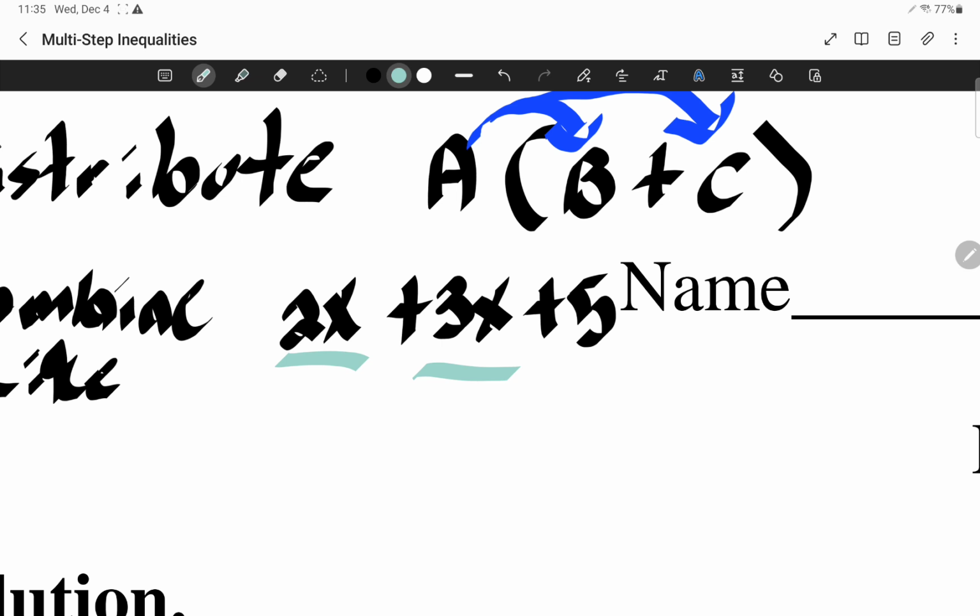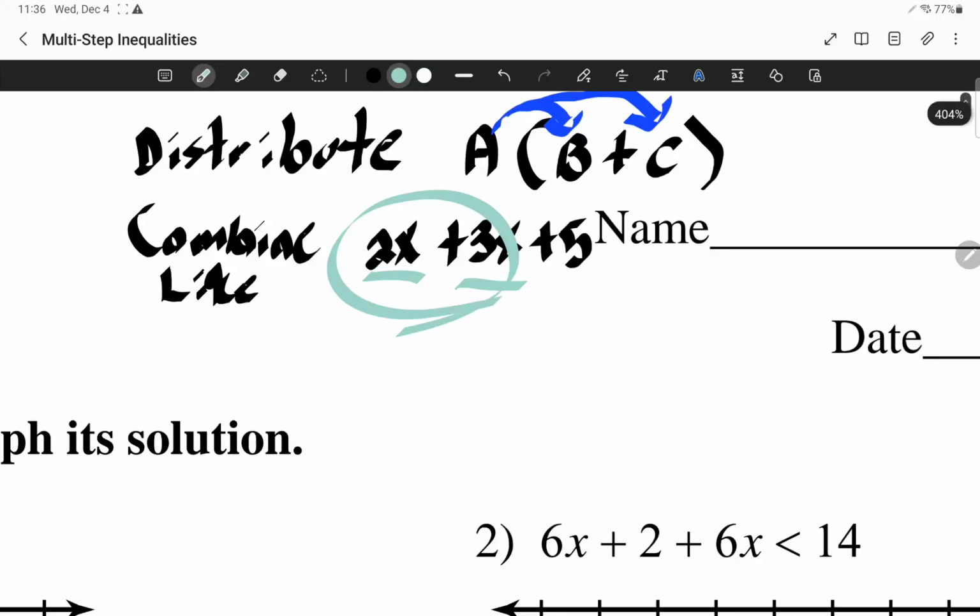Is 5 a like term? No, it's not, because it doesn't have an x. Literally, you just have to look at what you have and see what looks similar. Look for something that has the same stuff. In this case, it's going to be a letter, so you can combine those. If we have a number and a letter, then you cannot combine them. So just keep that in mind. Those are like terms.